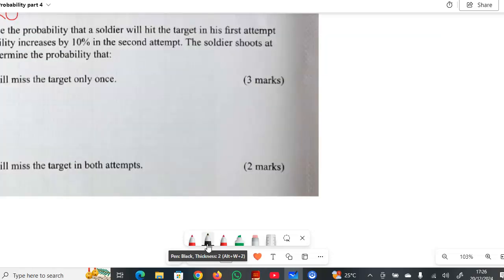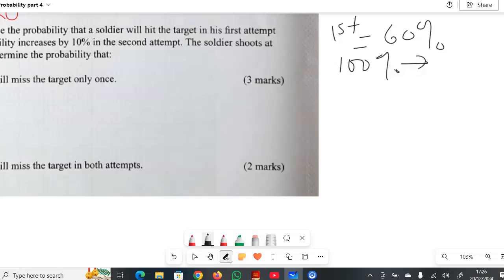So the first attempt has a 60% probability of hitting the target, but in the second attempt the probability increases by 10%, meaning the first one is 100%, giving us 60 hitting.